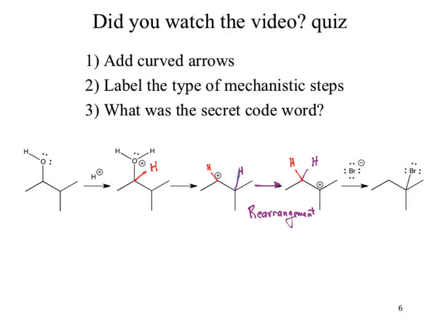Number 1, our arrow needs to start where the electrons are. Where are the electrons in that middle step? In the bond. So I want my arrow starting at that bond. Okay? I want those electrons to move to that atom, but at the same time, I want the hydrogen being dragged with it.